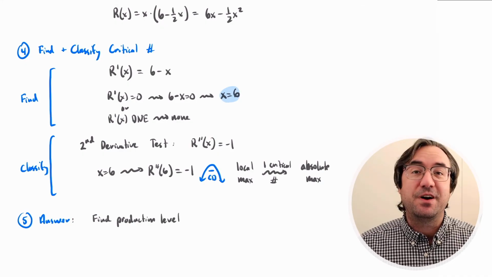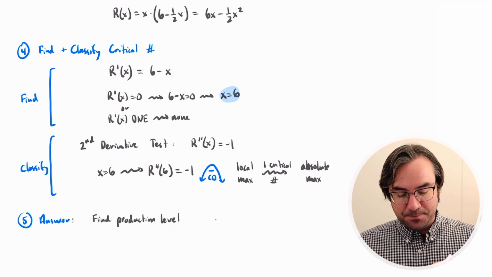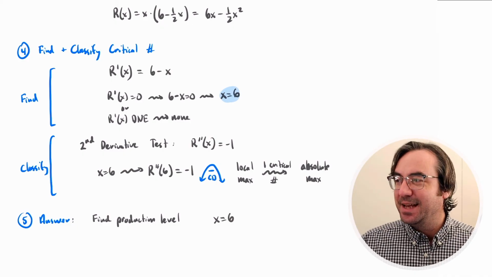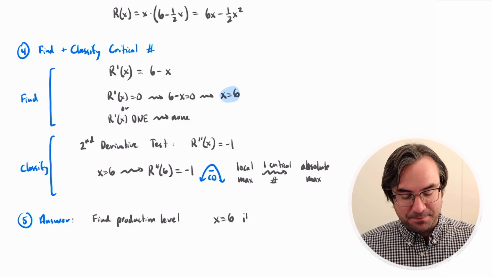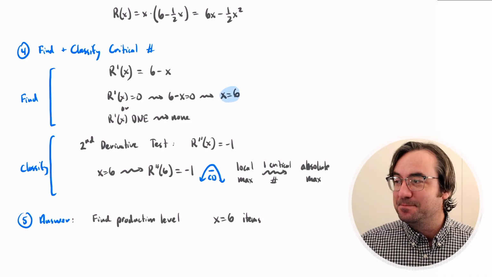And that was really just code for find x. So we got x equal to 6 items.